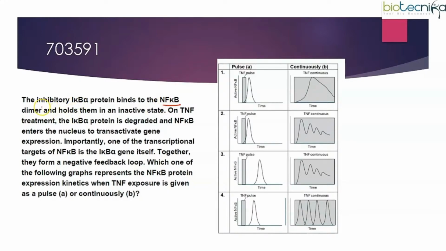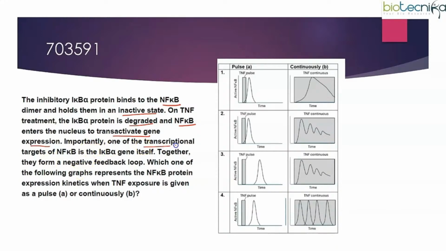So let us see the question. The inhibitory I kappa B alpha protein binds to NF kappa B dimer and holds them in an inactive state. On TNF treatment, the I kappa B alpha protein is degraded and NF kappa B enters the nucleus to transactivate gene expression.